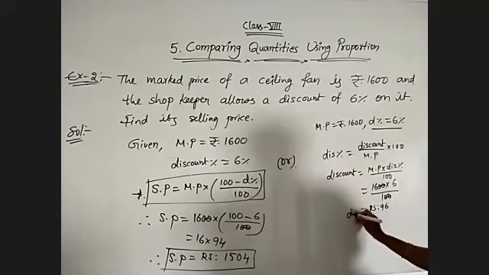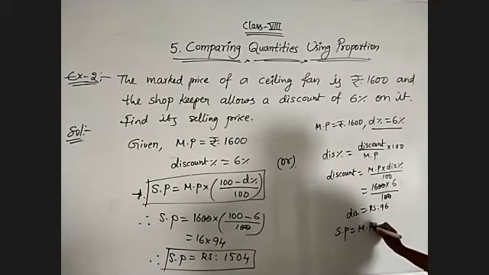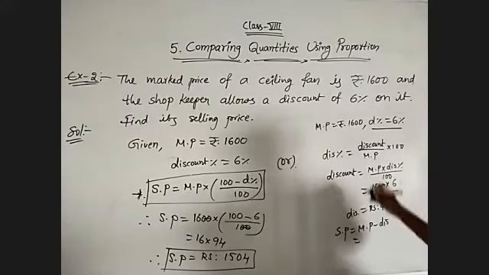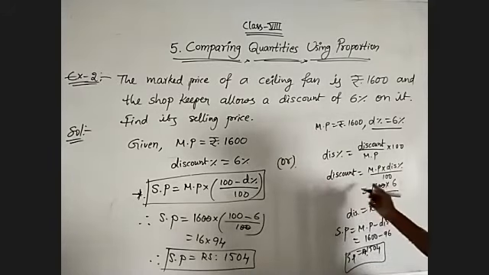This is discount. But what we want? SP. We have the formula MP minus discount. And MP value is equal to 1600 minus 96, 1504 rupees. That is SP. So observe, same question we did in both methods.